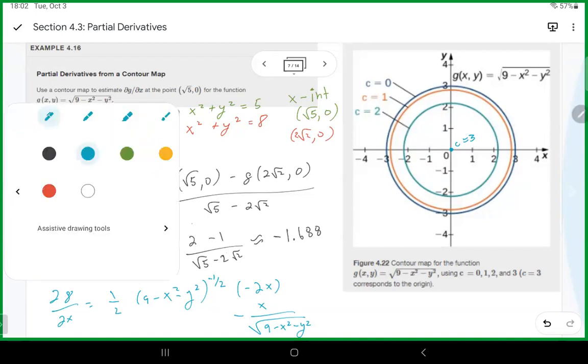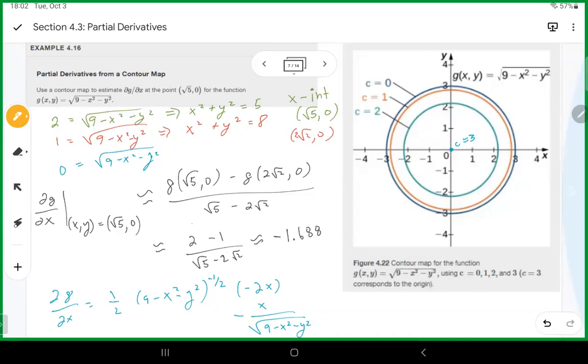So let's do it in yellow. Okay, so we would have negative square root of 5 over square root of 9 minus square root of 5 squared minus 0 squared.